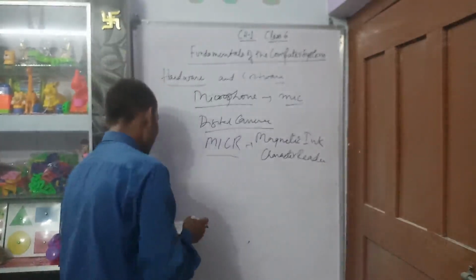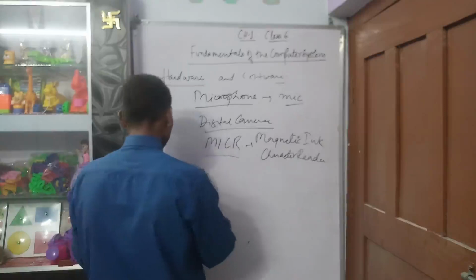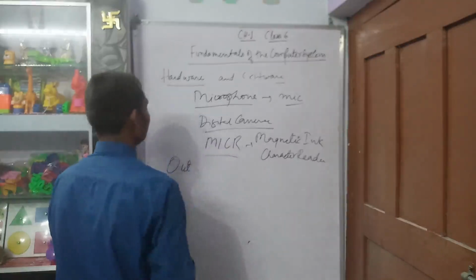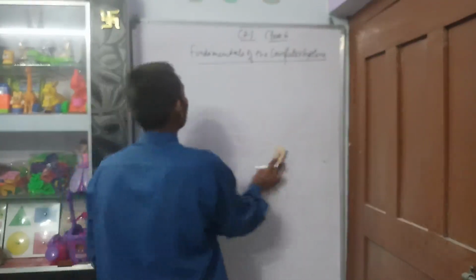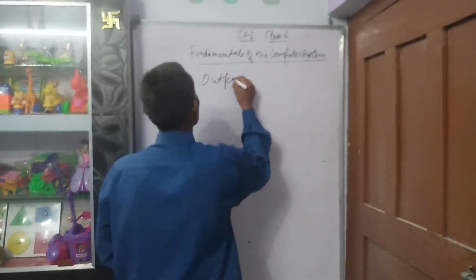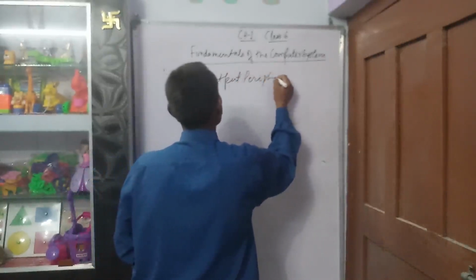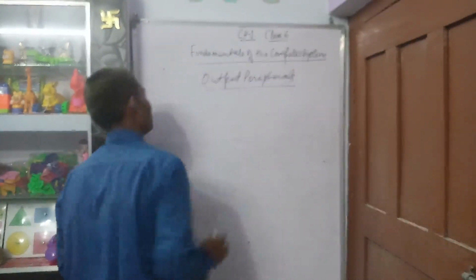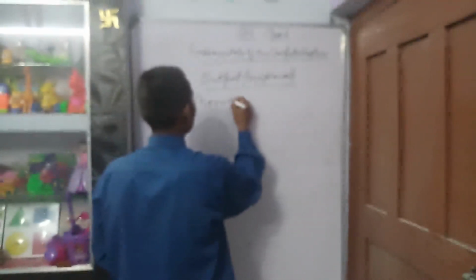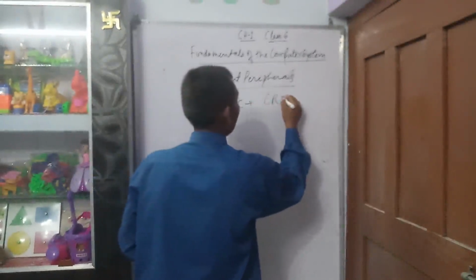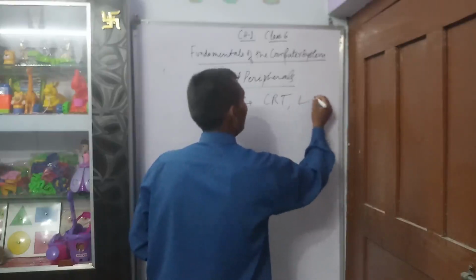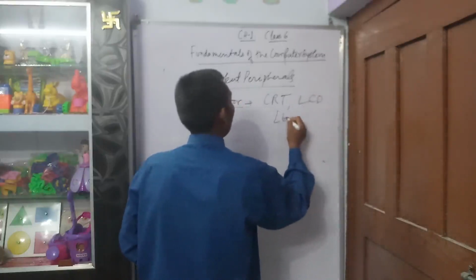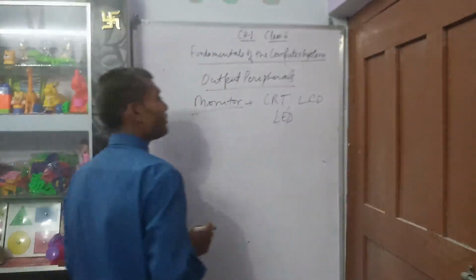Now the next is the output peripherals. Output peripherals consist of the monitor. Monitors include the CRT, that is cathode ray tube monitor, the LCD, that is liquid crystal display monitor, and the LED, light emitting diode monitors.